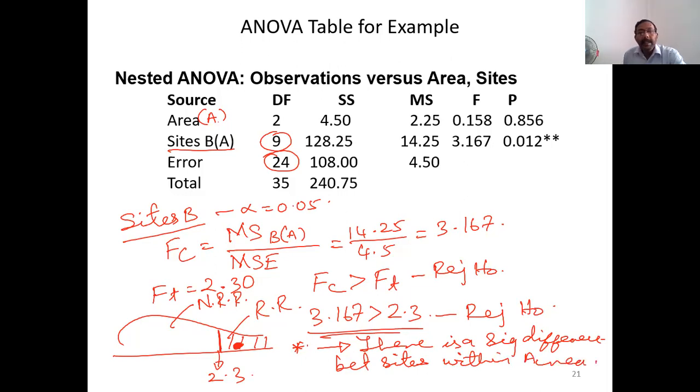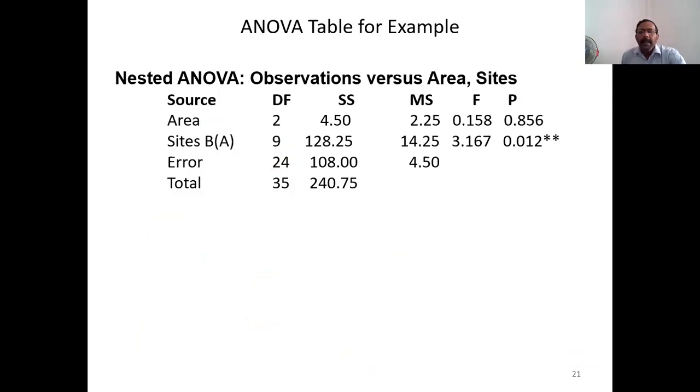We have to say that within the area, there is a significant difference between sites. We compared the sites within each area. We didn't compare all the sites together. So the conclusion is there is a significant difference between sites within the area. Clear? That is how it goes.